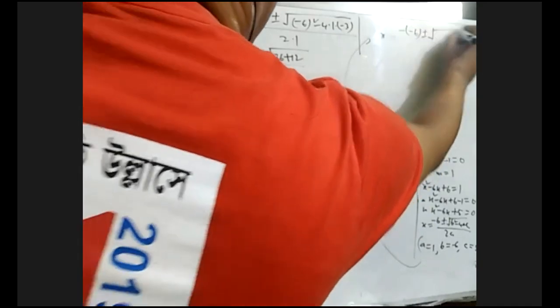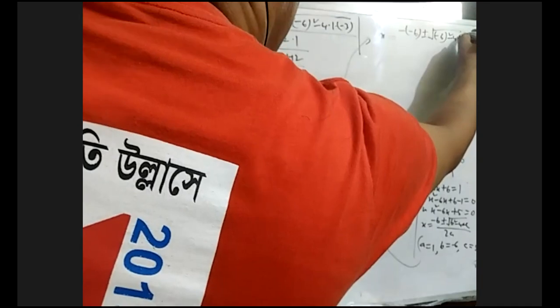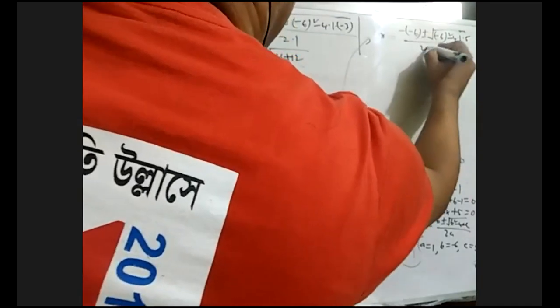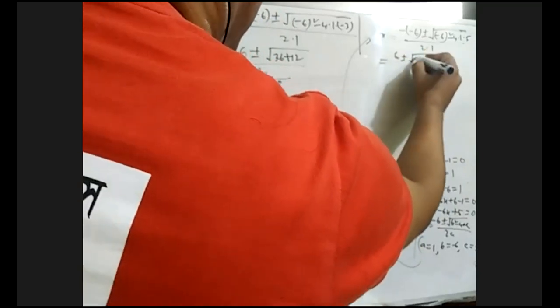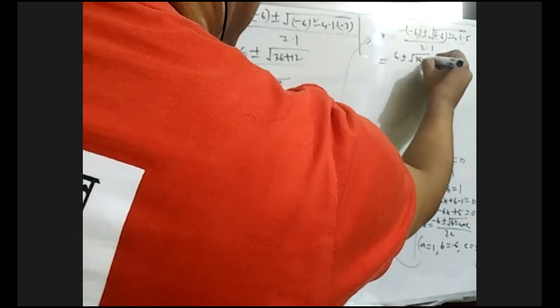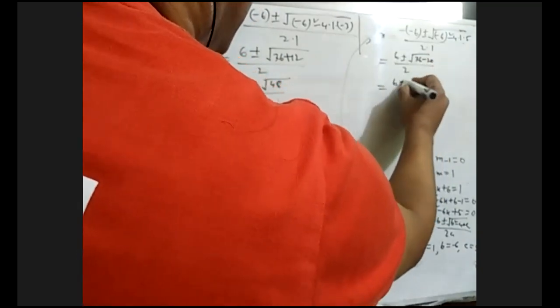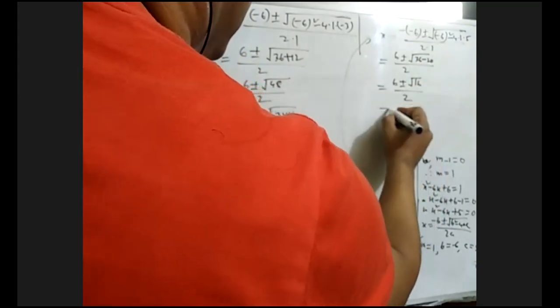Plus minus square root of minus 6 whole square minus 4 times a, which is 1, and c equals 5, divided by twice a, which means 2. So we get for this part 36 minus 20. Okay, 6 plus minus square root of 16, divided by 2.